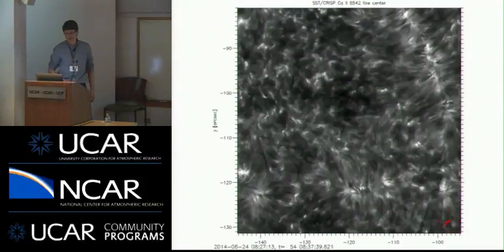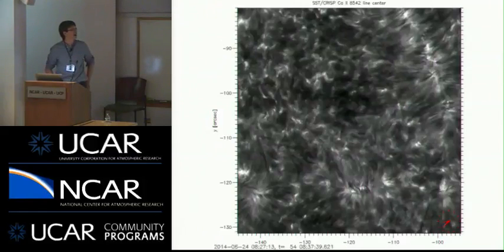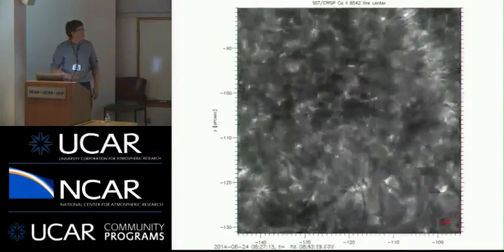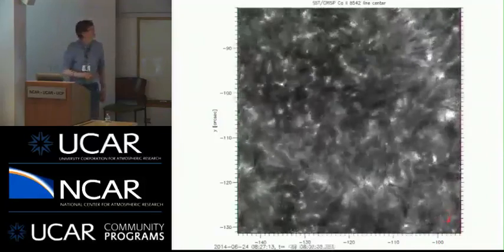chromospheric lines, like the calcium 8542 line, you see quite a difference between the internetwork and the regions around the network.